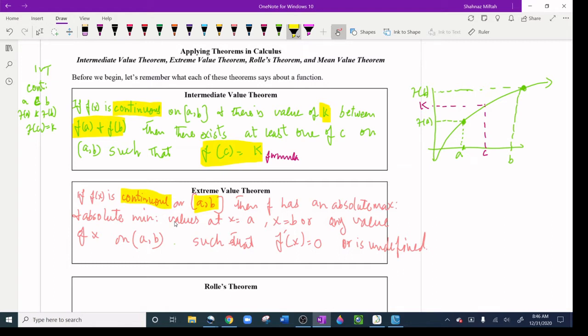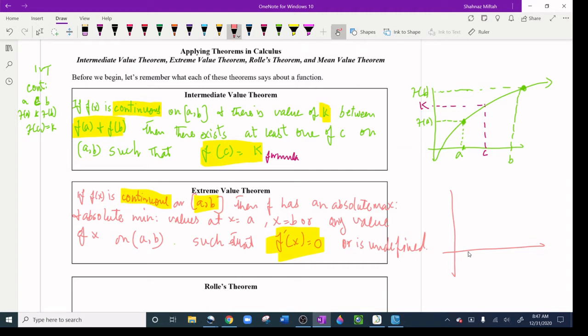And how the graph for this looks like. For example, I have a graph. It goes like this. This is A, that's B, and I'm making a graph.